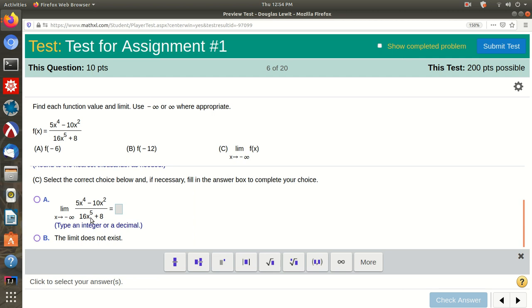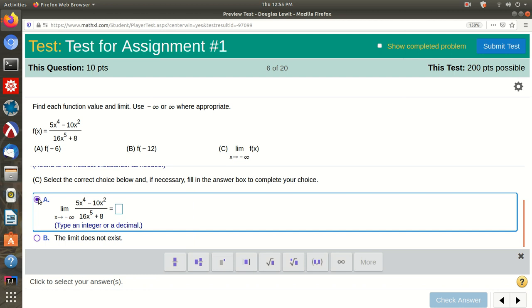If the numerator and denominator are both polynomials, and the degree of the numerator is less than the degree of the denominator, then when x is a very large positive number or very large negative number, the limit is going to have to be 0.